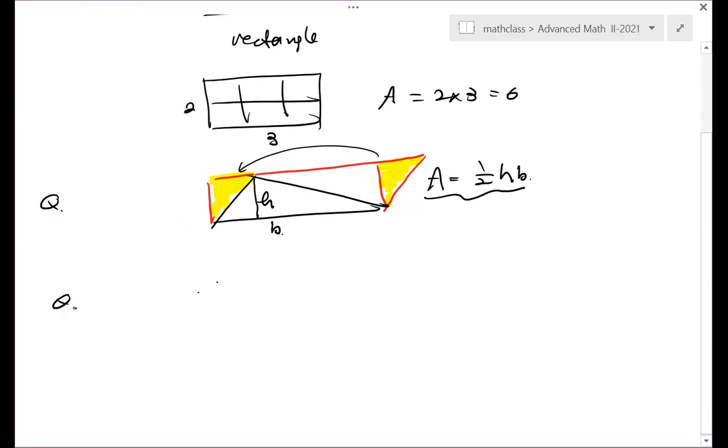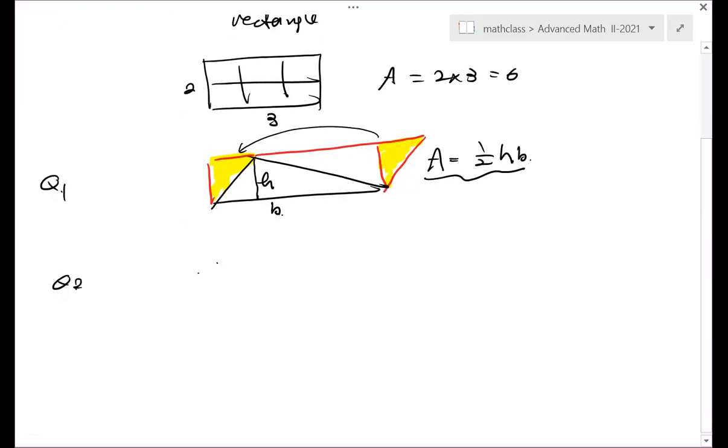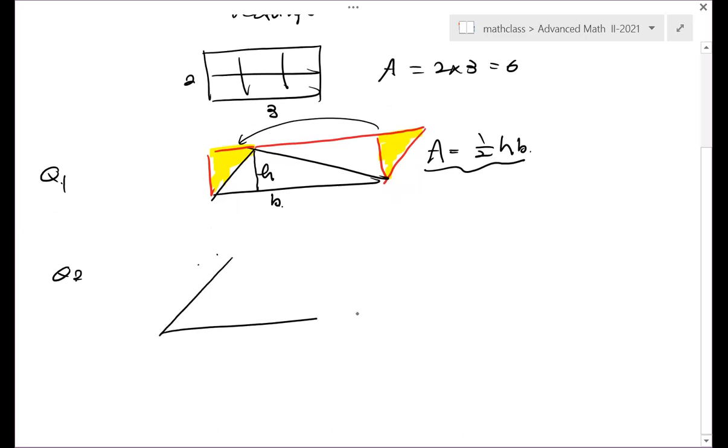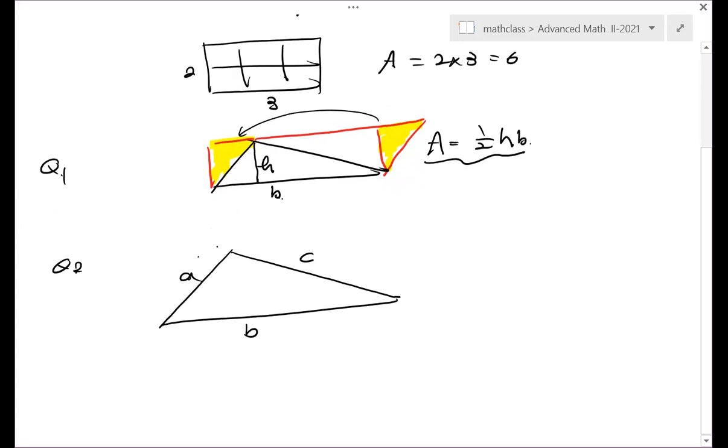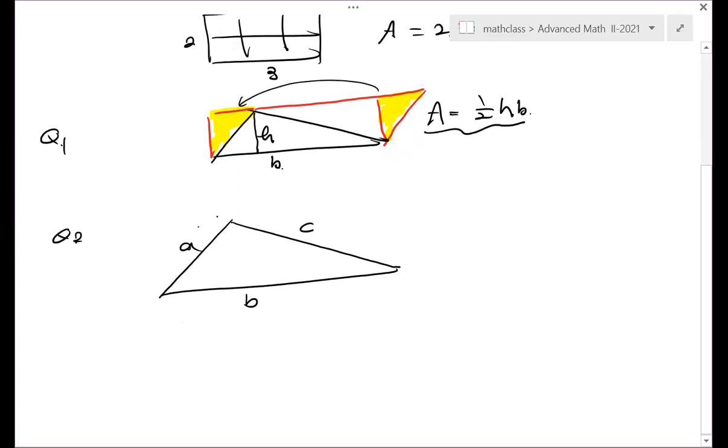The second formula. Some guy says, well, if you have a triangle with sides A, B and C, those three numbers are the lengths of the sides of the triangle. They have to satisfy the following conditions, we call them the triangle inequalities.